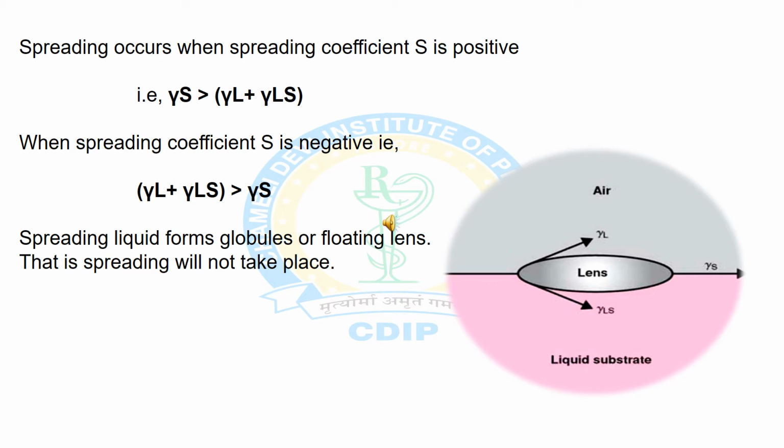That is, the value of gamma S is less than gamma L plus gamma LS. In such cases, the spreading liquid will form globules or floating lenses, as shown in the figure, where the value of gamma S is less than gamma L plus gamma LS. That is, there will not be any spreading.